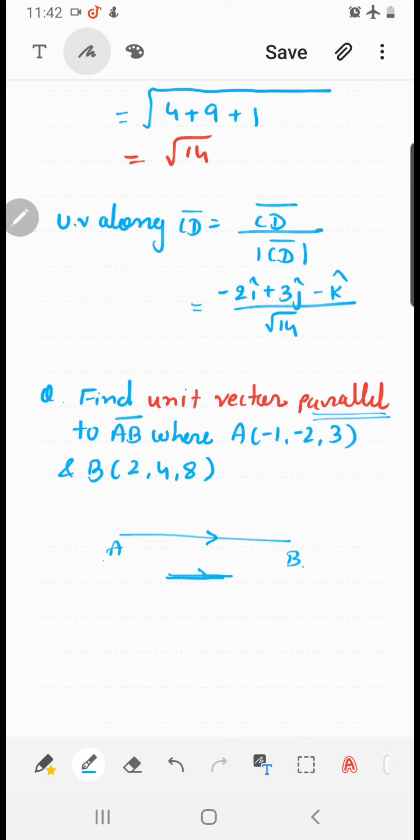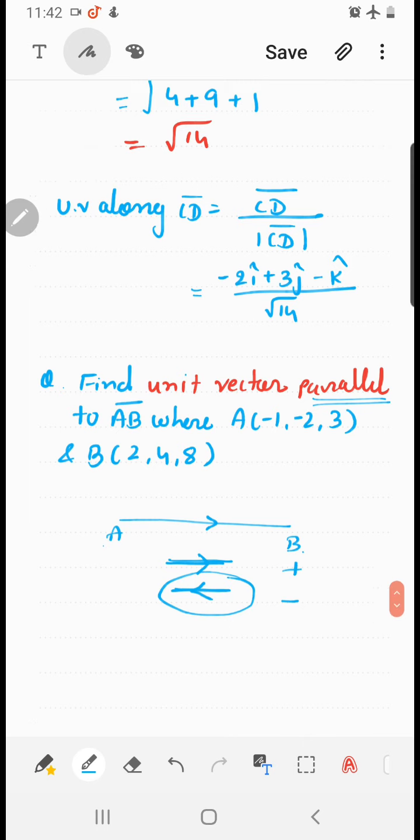The direction of the vector can be either along AB or opposite to AB. And we all know that when we go opposite to a vector, we write minus, and when we go along the same vector, we write plus. So the formula of unit vector remains the same, there is no change.